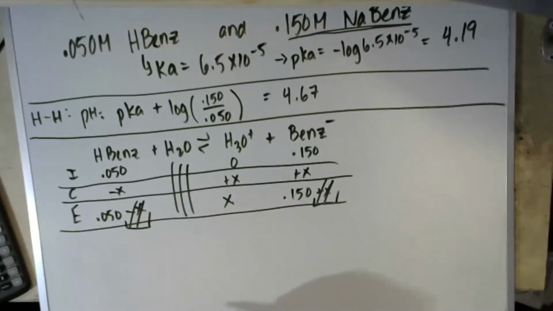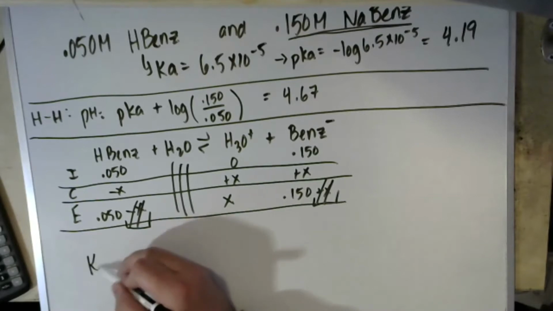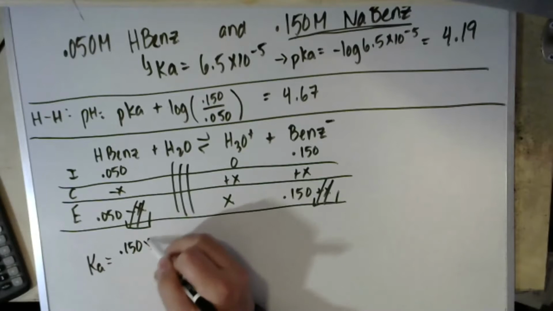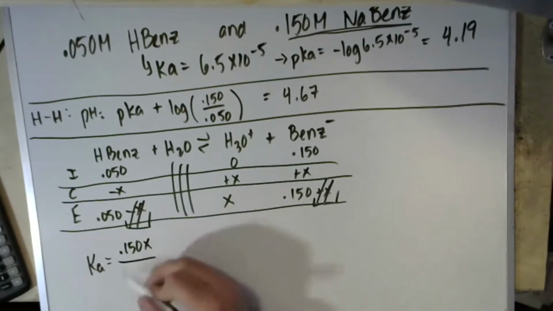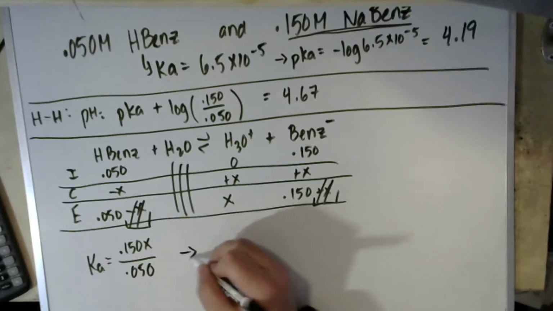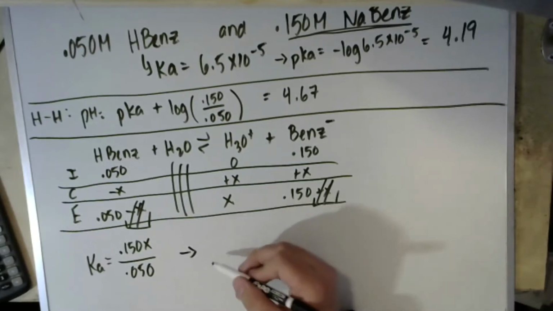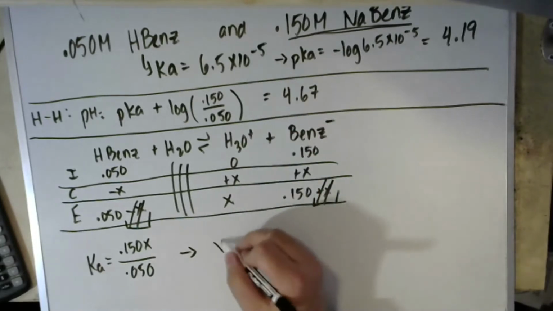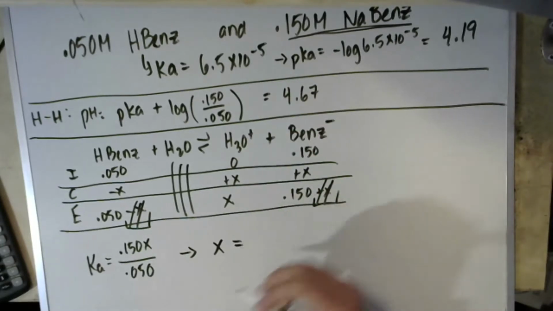And we are going to use the Ka value to solve for X. So Ka is going to equal 0.150 X divided by 0.050. I'm going to solve for X, and our Ka value again is 6.5 times 10 to the negative 5.